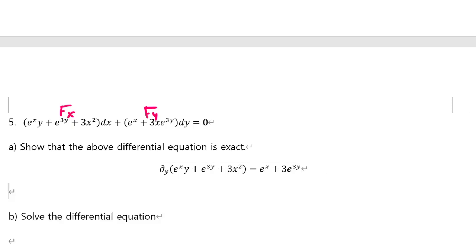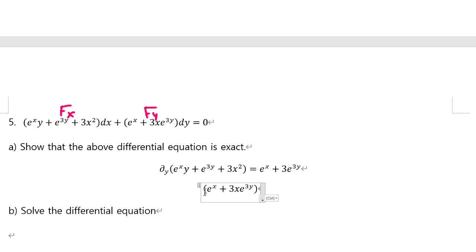Okay. On the other hand, if I take this second part and you differentiate by x, then e to the x differentiates to e to the x, and e to the 3y is just considered as a constant, and 3 is considered as a constant, so you're really just differentiating x.